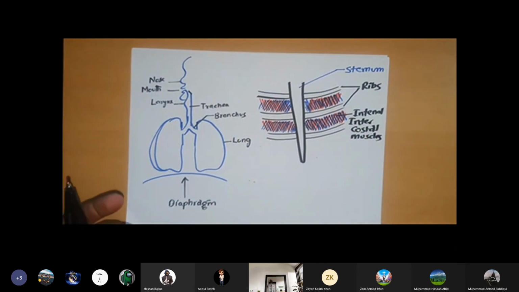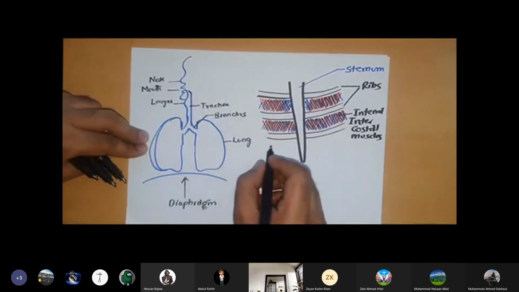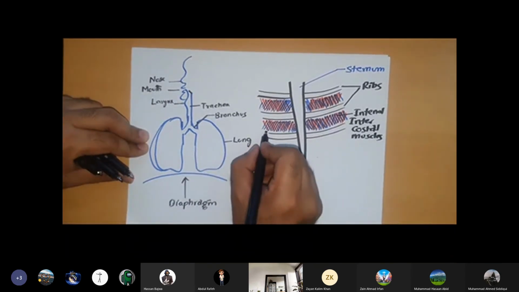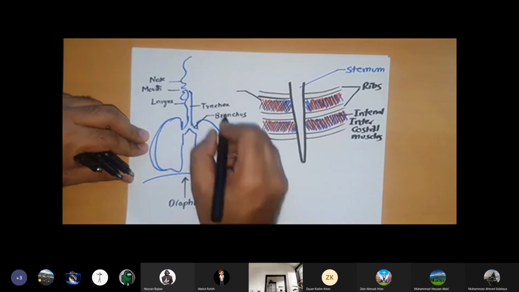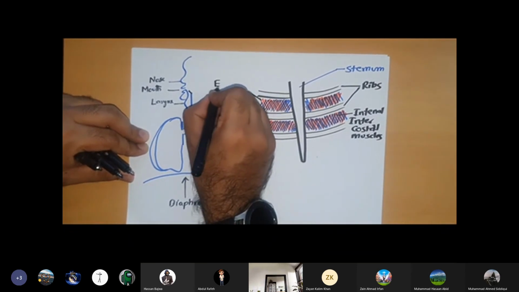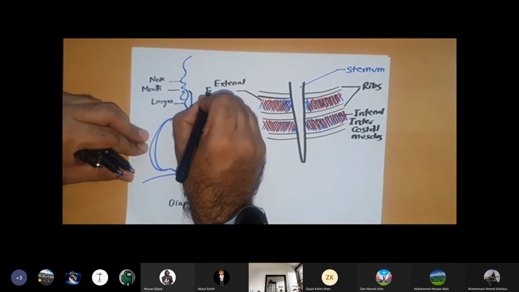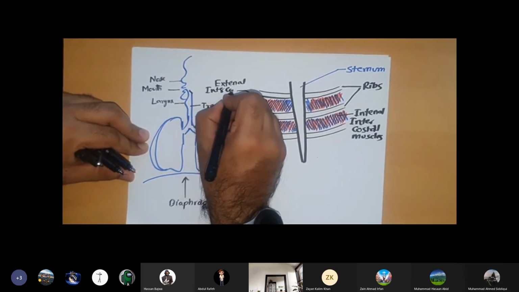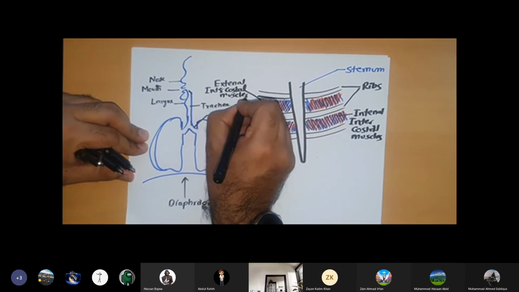Now, let me label the red colored muscles over here: these are external intercostal muscles.